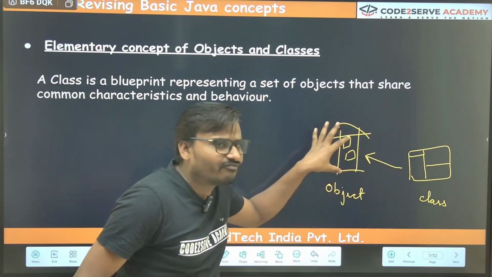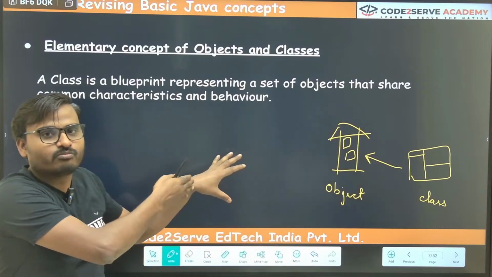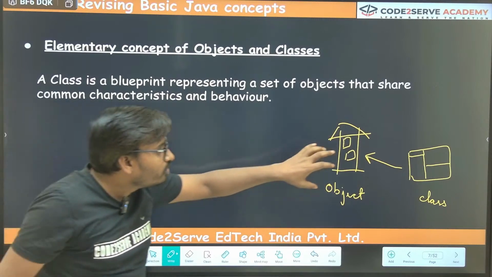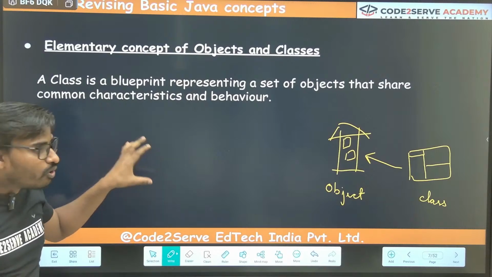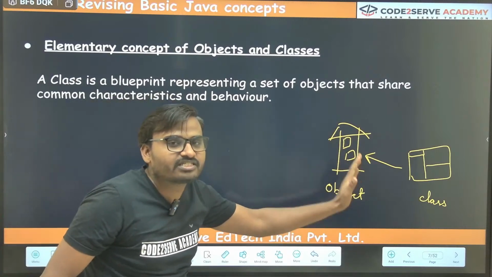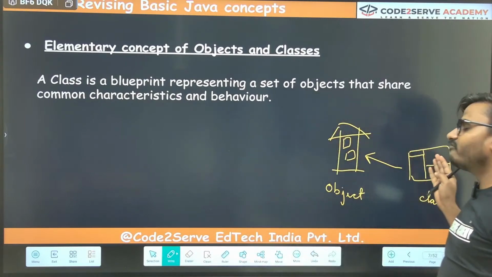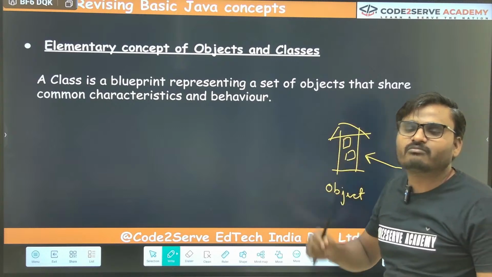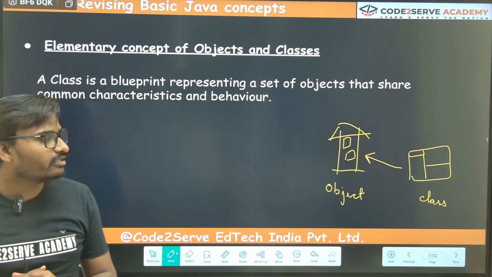This building has 4 rooms. Another building that I construct will also contain 4 rooms, 2 windows, similarly 2 windows. That means using this blueprint, if I construct 4 homes, all 4 homes will share the common properties, and those common properties are like 4 rooms, 2 windows, color of the wall, and whatever color that you use. You are getting the point, right?